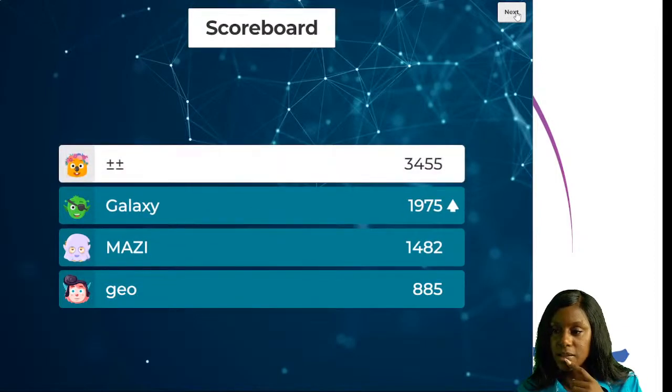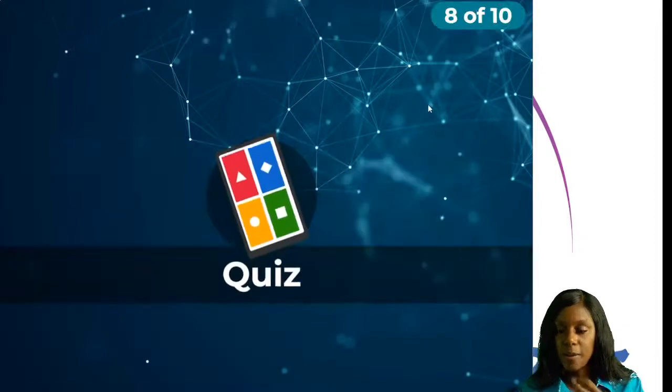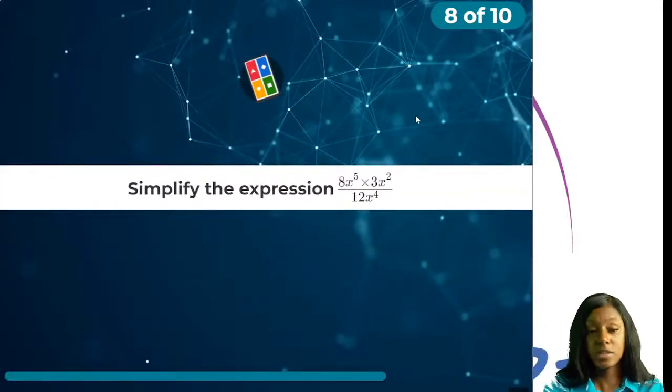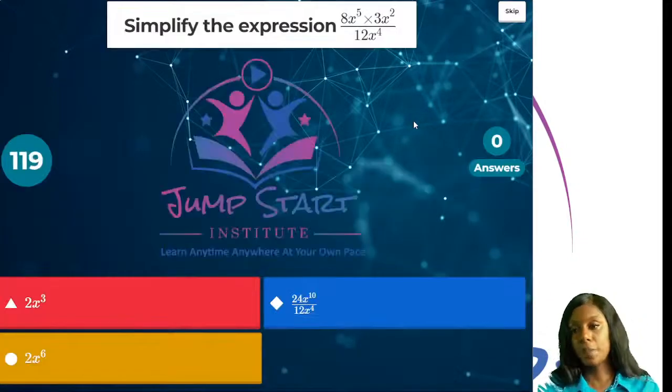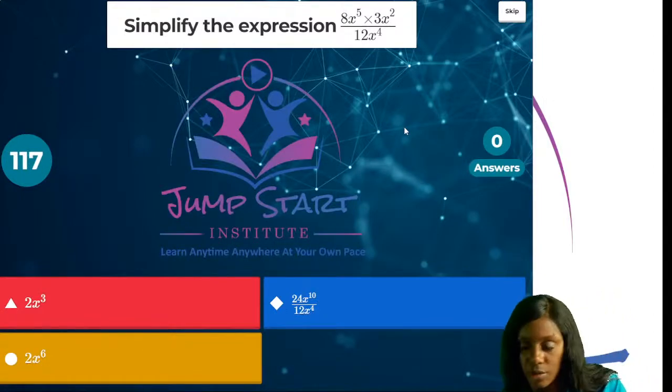Okay, so Galaxy, congratulations for getting this correct. So we are on to number 8. So this is very similar. So you're going to apply what I just told you all here.